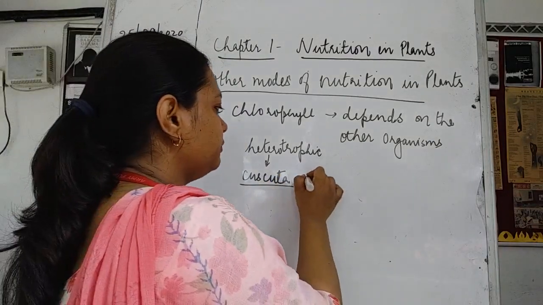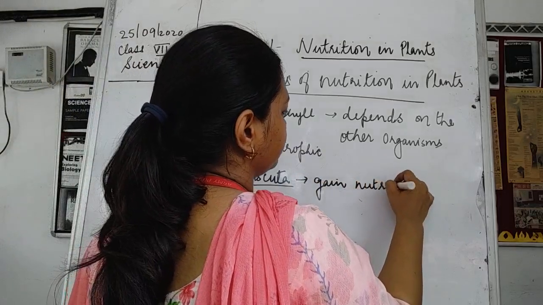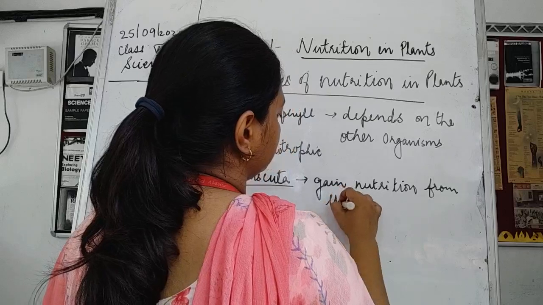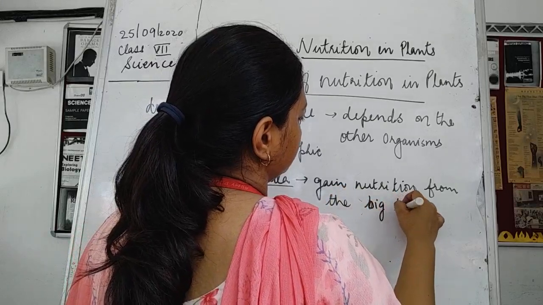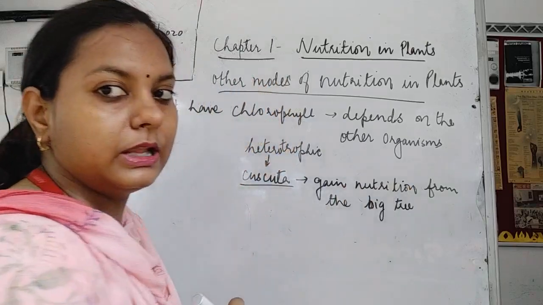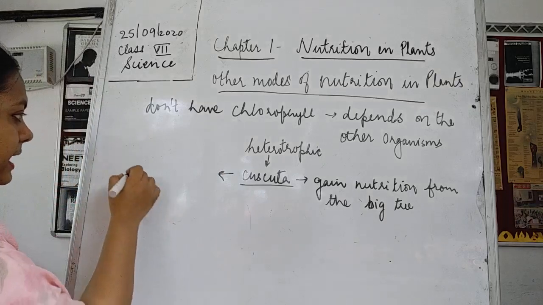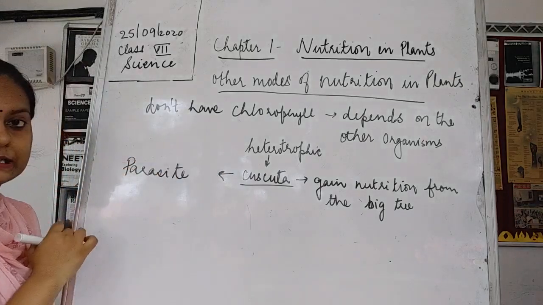So they gain nutrition from the big tree, or from another plant. This is known as a parasite, children.